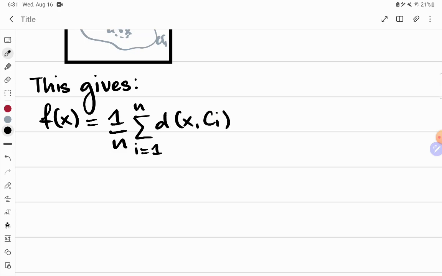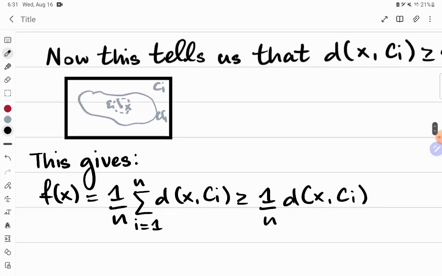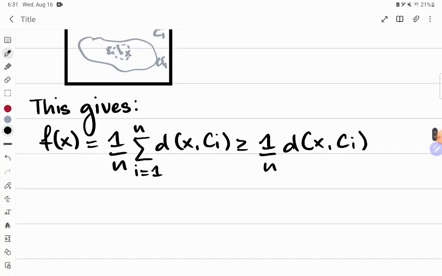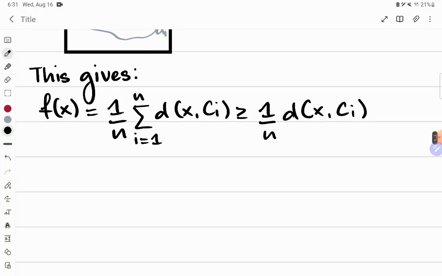And because this is a sum of non-negative terms, it's going to be at least as big as any of its constituents. So this is greater than or equal to 1 over n times that specific term, the distance from x to this one particular C_i whose complement x is contained in. This is kind of bad notation because I'm using the same thing for an index as a particular set. But anyway, we have this inequality that holds.